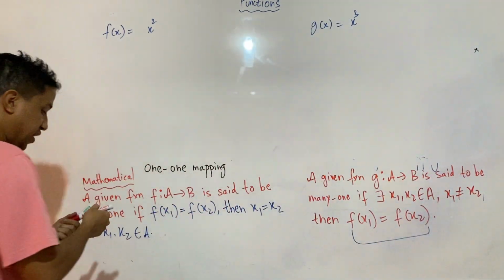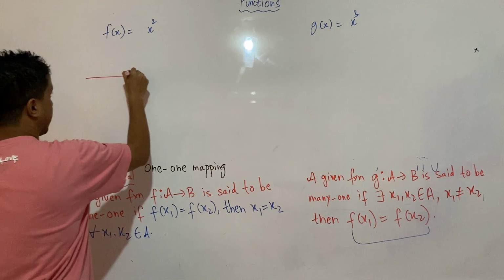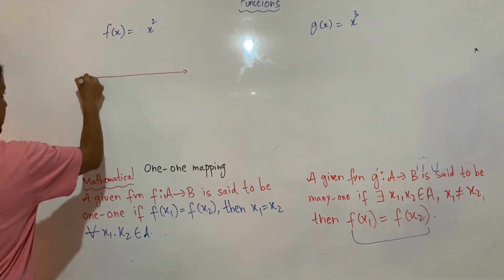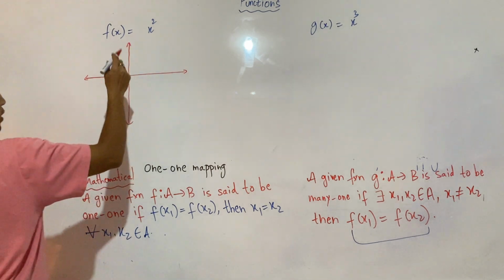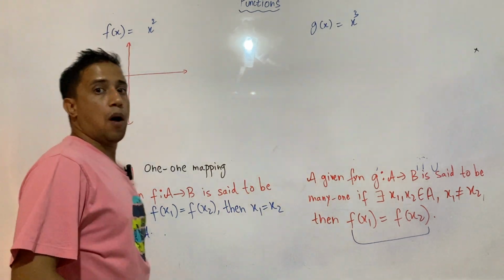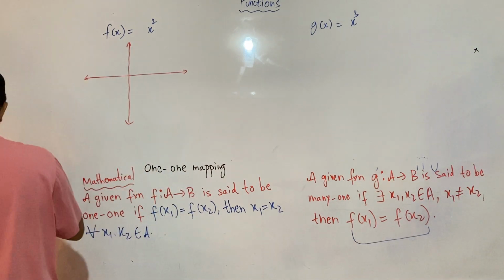Now we know that the curve for x square is an upward parabola, right? That passes through the origin.